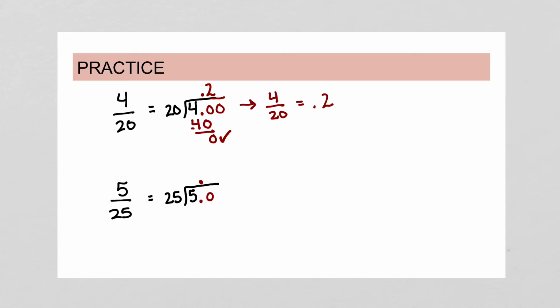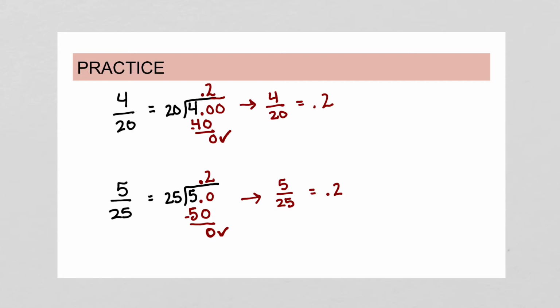So 25 is too big to go into 5, but it is not too big to go into 50. 25 into 50, I can get 2 in there. So 25 times 2 is exactly 50. So when I subtract those two, I get 0. Check mark, I'm done. What I discovered is that 5 25ths, or 5 over 25, or 5 divided by 25 is, well, this one is also 0.2. We used some equivalent ones there.